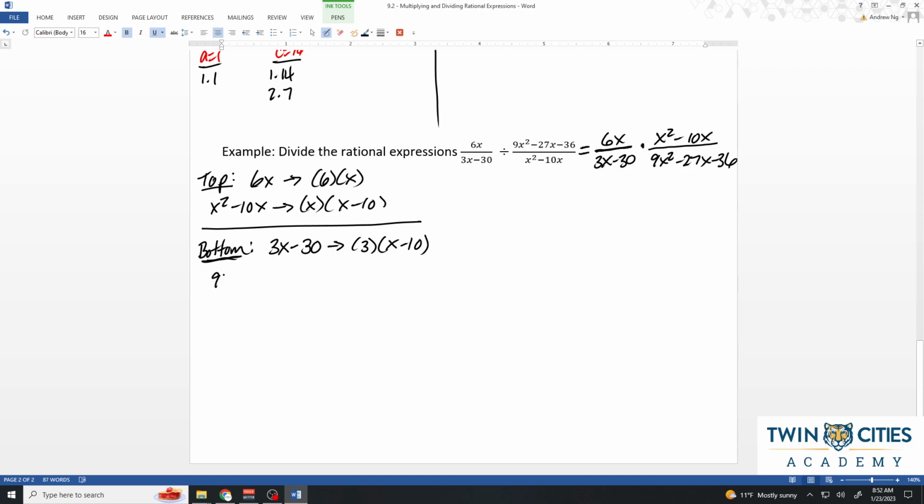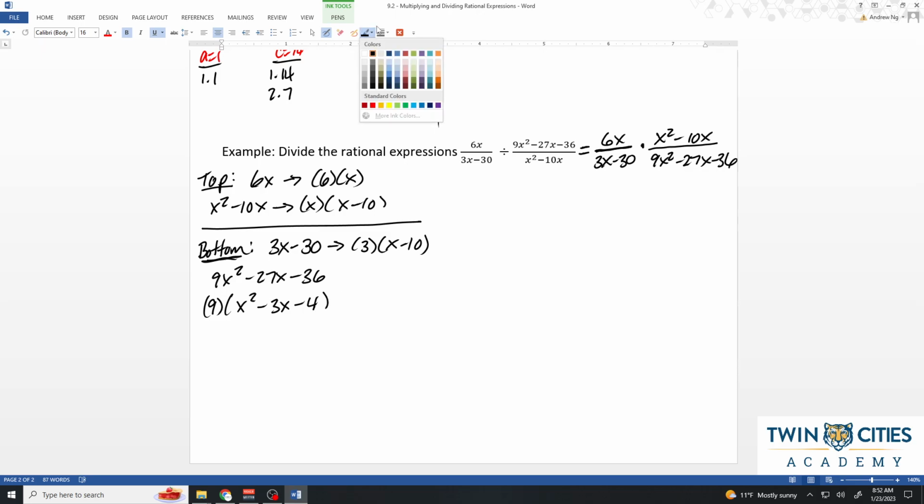And then 9x squared minus 27x minus 36. All three of these have a 9 in common. They're all divisible by 9. So let's take the 9 out to the front. Let's see, what's that leave us? x squared minus 3x minus 4. Now I'm going to factor that part. A equals 1, C equals negative 4. So this is 1 times 1.